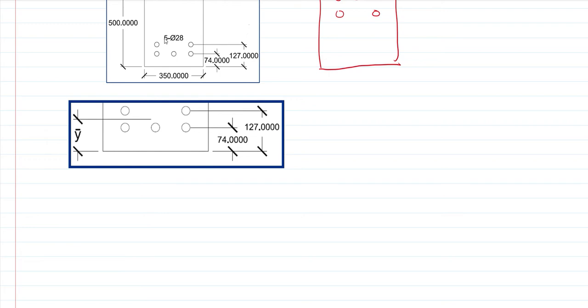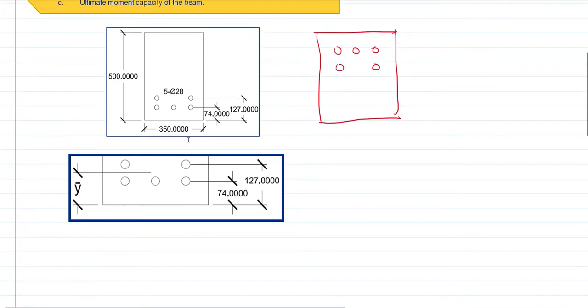Syempre, to solve this one using Varignon's theorem, so that will be yung area ng first layer times yung centroid niya papunta sa baba, and yung area ng second layer times yung centroid niya papunta sa baba. Then divided by the summation of the areas.